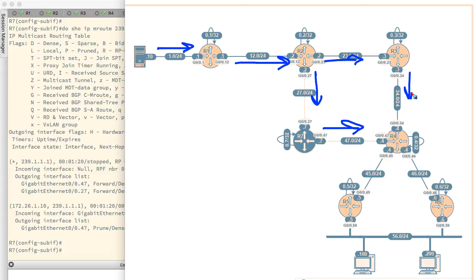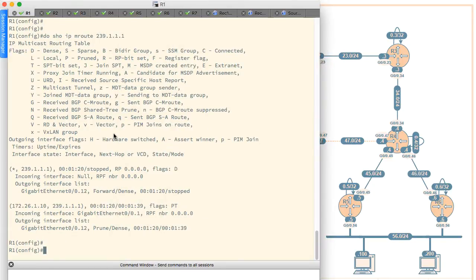So let's go back to our first hop router and figure out what was done in response to this traffic. One of the main things that trips people up a lot with the dense mode implementation in IOS routers is the star,G entry.